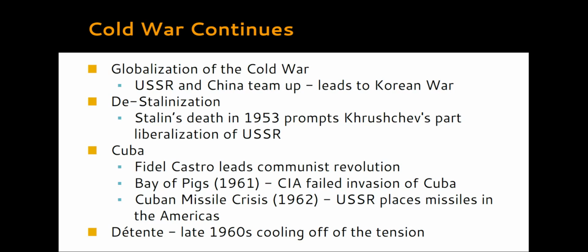So it only makes sense that the USSR is partaking in a similar tactic. But when they place them in Cuba, which is way too close for us, this is a really, really tense situation. It's like 2 weeks of tension. Are we going to fire missiles at each other or not? And eventually the USSR does agree to back down.